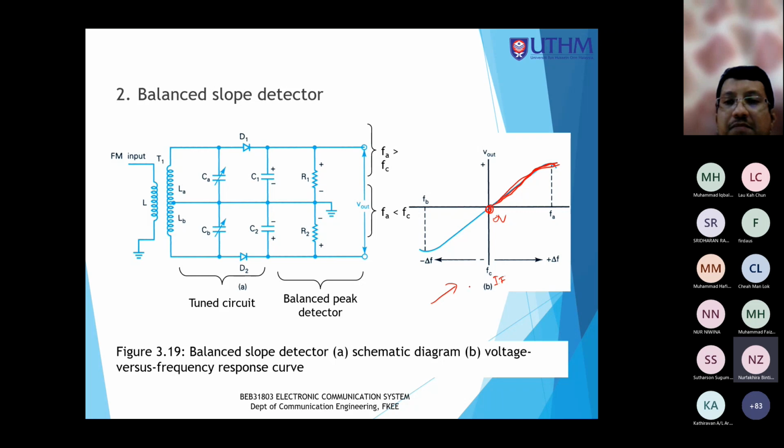And when the input signal varies in terms of frequency from the center of IF until FC minus delta F, the output voltage will decrease towards the negative peak. Okay, so the maximum here is FC plus delta F. This is in the IF region. In the IF region, similar with this one, FC minus delta F.